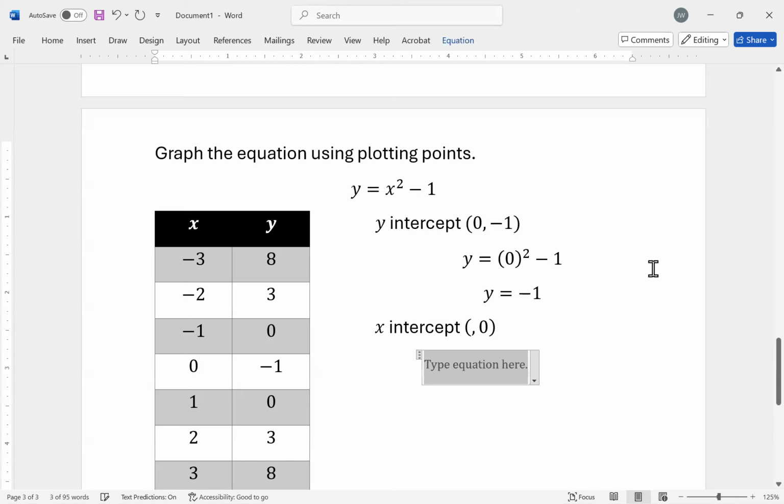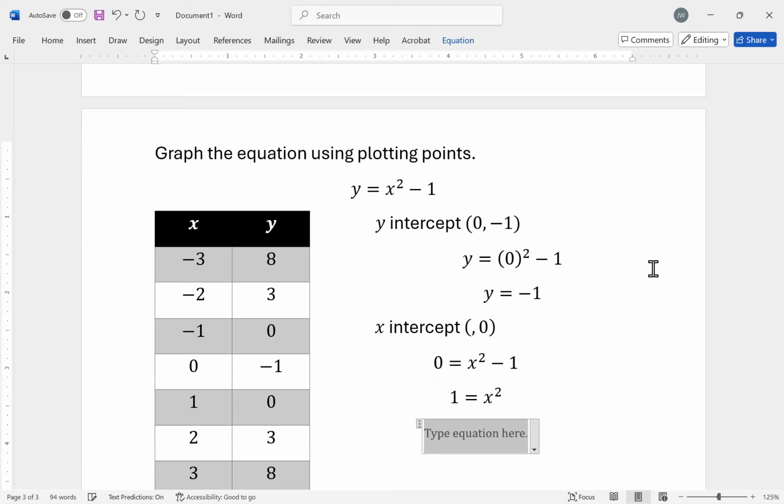Now, if I'm trying to find the x-intercept, I'd plug in a 0 for y. I would get 0 equals x squared minus 1. And when we add 1 to both sides, we'd get 1 is equal to x squared. Now, there's actually two different numbers that give you 1 when you square them. Obviously, 1 squared is 1, but also negative 1 squared is 1.